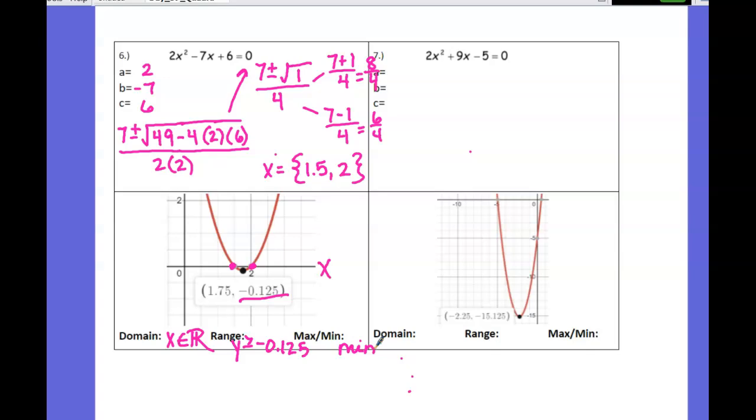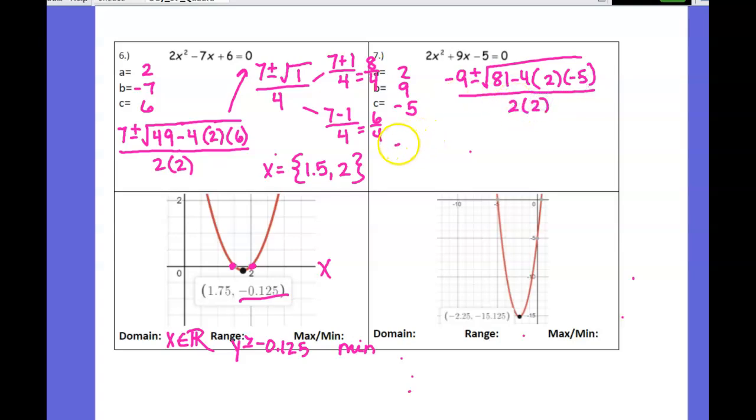So if I look at number 7, I identify my a, b, and c. I've got 2, 9, and negative 5. All right, so my negative b is going to be negative 9 plus or minus the square root, and we've got 9 squared, which is 81, minus 4 times 2 times negative 5, all divided by 2 times 2.